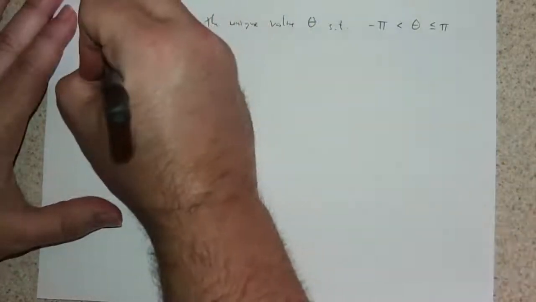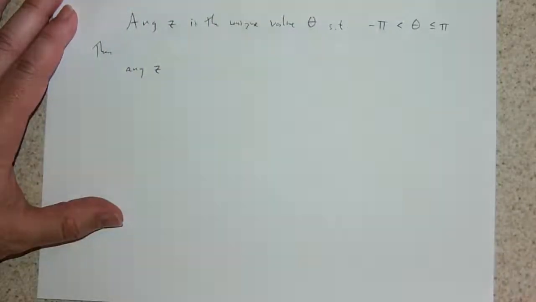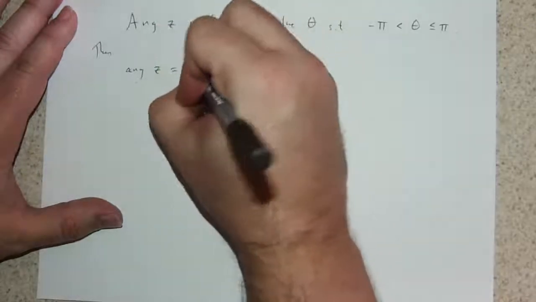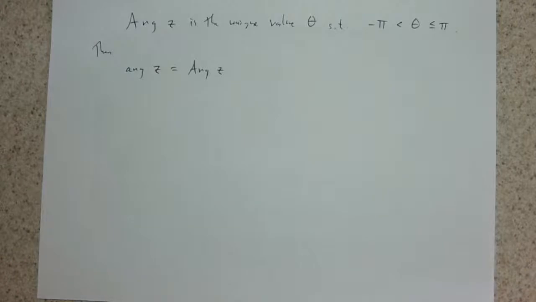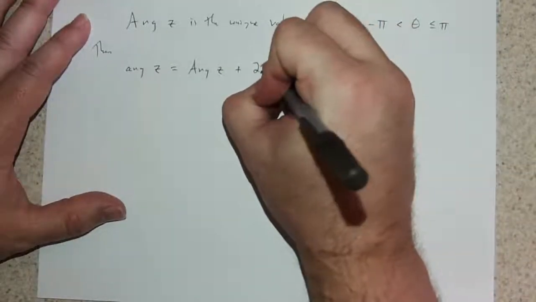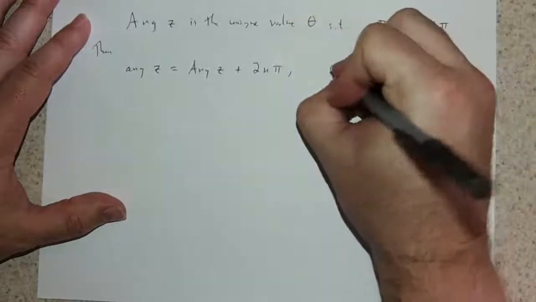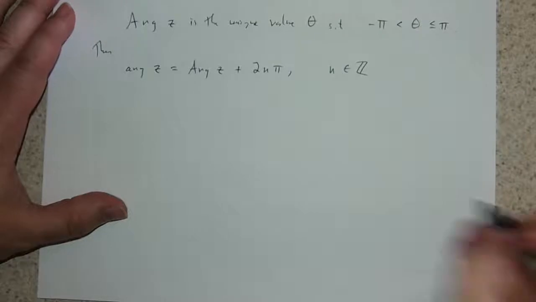Then arg z can be thought of as big A arg z plus some multiple of 2 pi, where n is some integer.